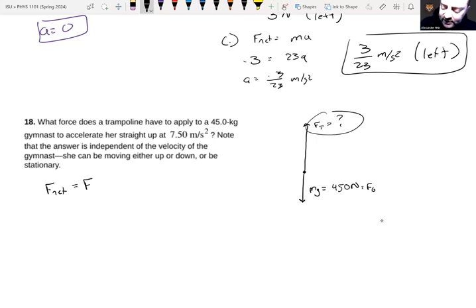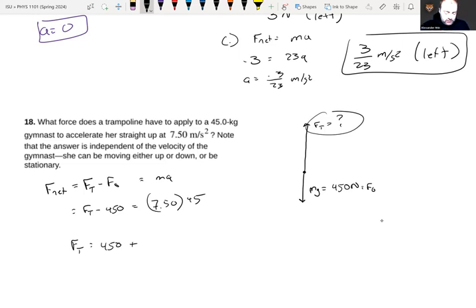So F net is actually equal to F sub T minus the force of gravity. So that would be F sub T minus 450. And now we can set this equal to MA. So that would be equal to 7.5 times 45. And then you get FT, when you solve for that, equals 450 plus 7.5 times 45.